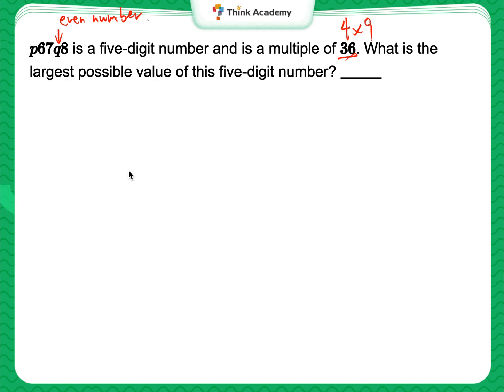Let's look at P now. We want this to be as large as possible, so the largest digit I can think of is 9. Let's try 9 for P. So now we have 967Q8, where Q needs to be an even number.